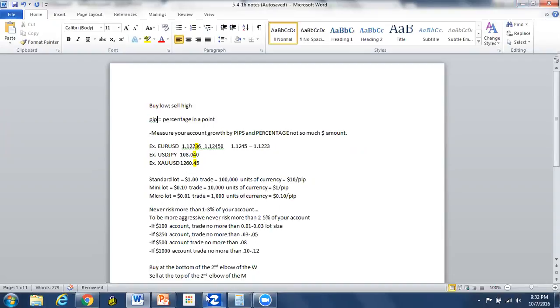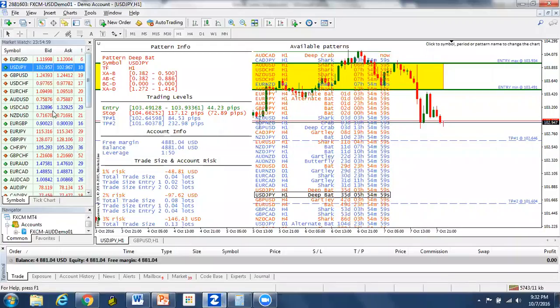So a pip stands for percentage in a point, but when we look at the price of the currency, you have several major currencies, and that's pretty much all most people trade. Let me list them. I'm gonna show you on the chart because you'll see that they're the first ones listed. You have the euro, EUR. You have the dollar, USD.